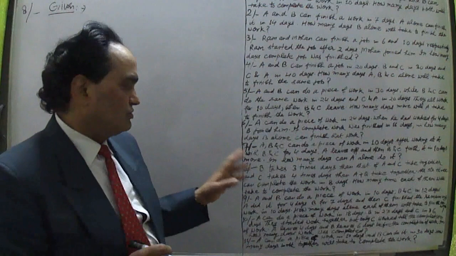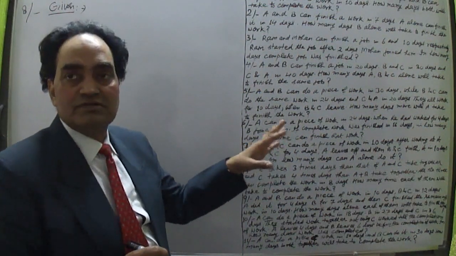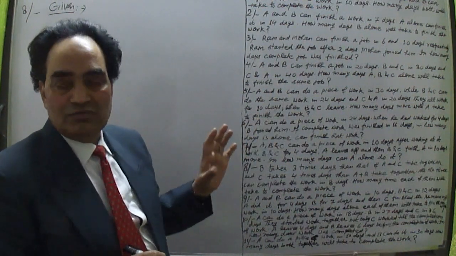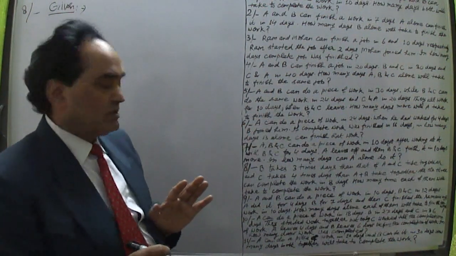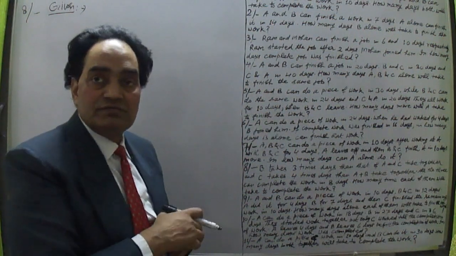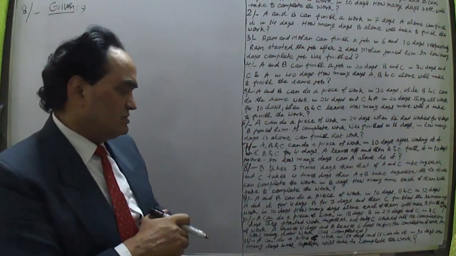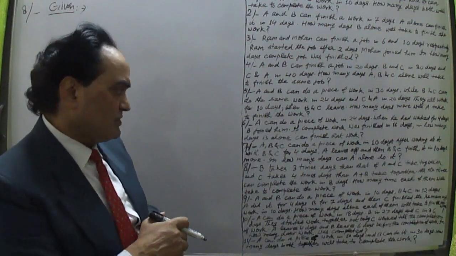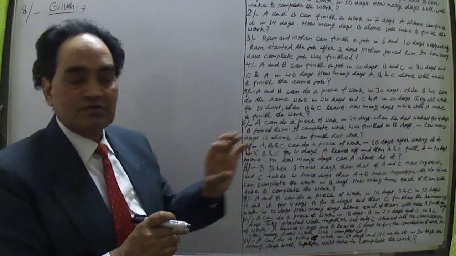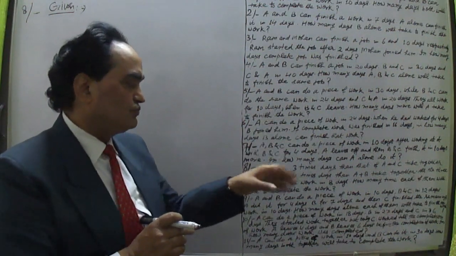This is given to us, because B takes 3 times the days of A and C. And C's work ratio with A plus B's work is given to us as 1:4.